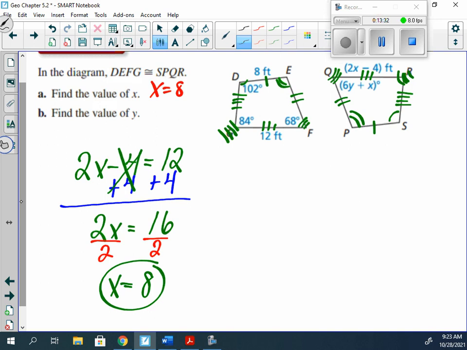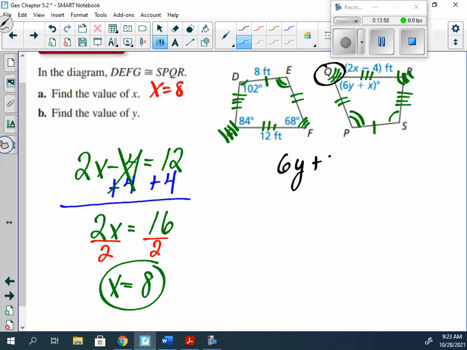Now we need to find the value of Y. Where is Y in the figure? We have 6Y plus X, and that's defined for angle Q, yes? What angle does Q match up with? 68.